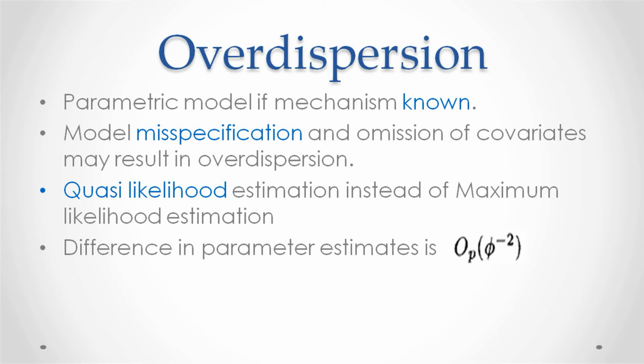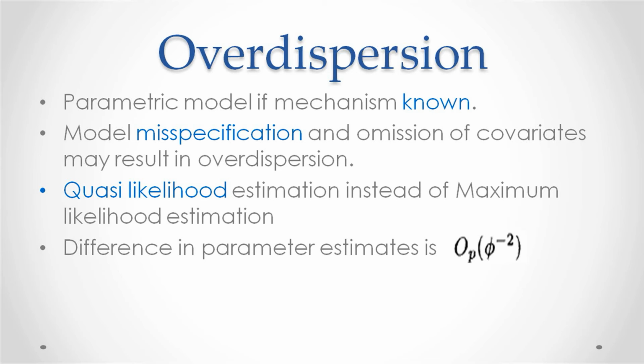Now note that in many observational studies, it is quite natural to assume that all relevant covariates have not been measured, or indeed that it is not possible to measure all relevant covariates. Thus, overdispersion is almost always a concern in any observational study. A reassuring concept is that the difference in parameter estimates is often of the order of capital O_p of phi to the power minus 2, where phi is a scale parameter which we shall define explicitly when we consider formal models for overdispersion.